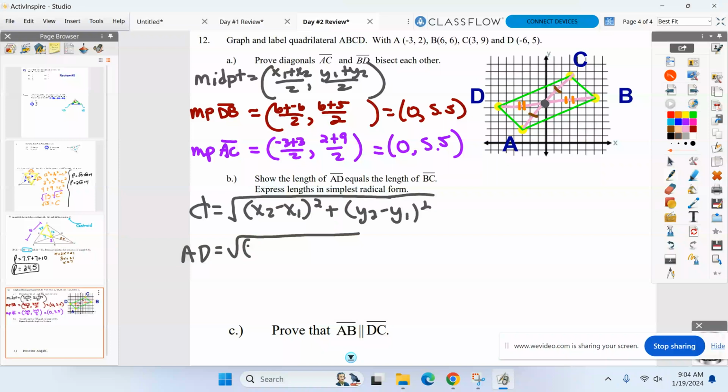Don't drop negative signs, right? First, if you're doing AD, look at those x's, -3 and -6. So it should be -3 minus a -6. Don't drop the signs. If you want to put plus, that's fine too, but don't drop the signs if you're keeping them.